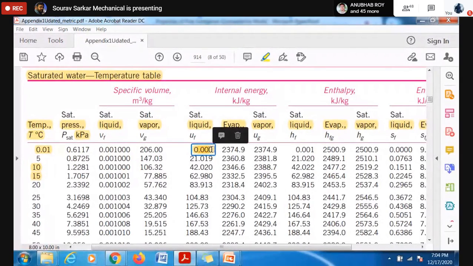The molecular energy of those liquid molecules is simultaneously increasing. Now it needs lesser energy to convert into vapor. That is why the vapor state internal energy is continuously reducing as you are increasing the temperature. Somewhat you can understand this way, but if you still have doubt, I can further explain it later.